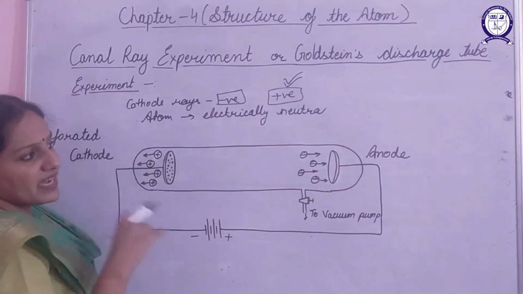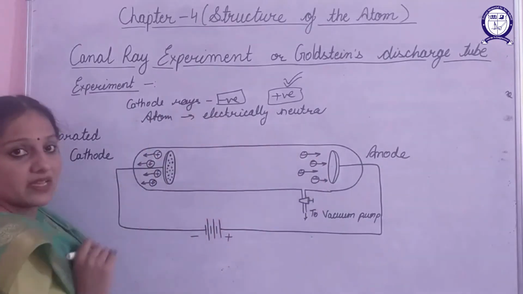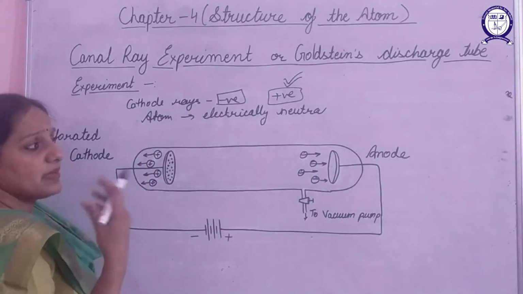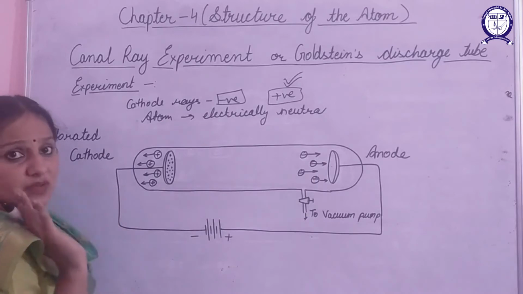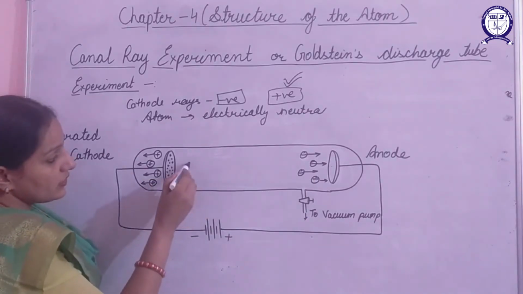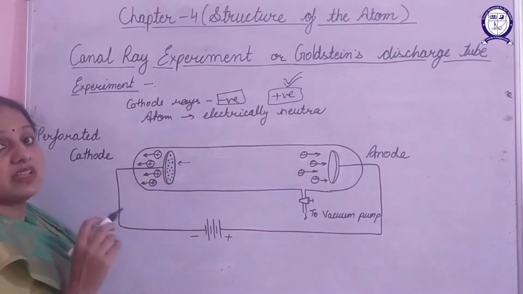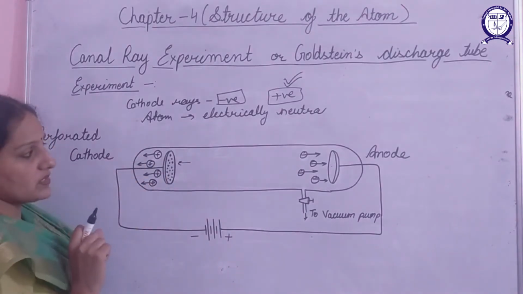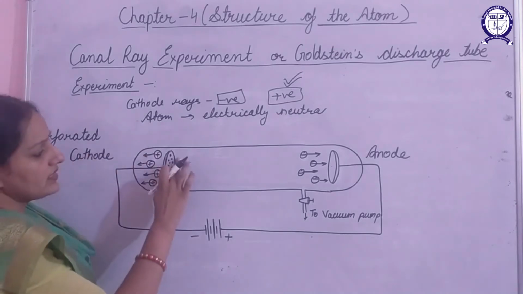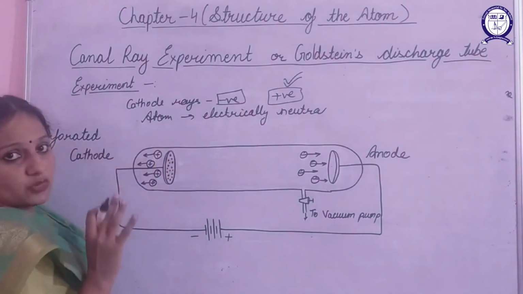So he thought that maybe some particles were emitted by the anode also, but because of their heavy mass, or some other reason, they were not able to penetrate through that cathode and didn't strike the wall, hence no color was observed.